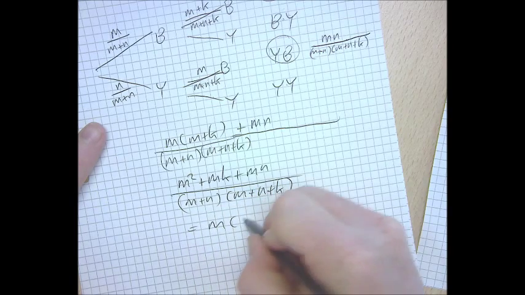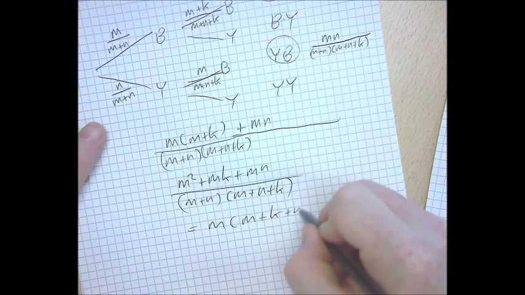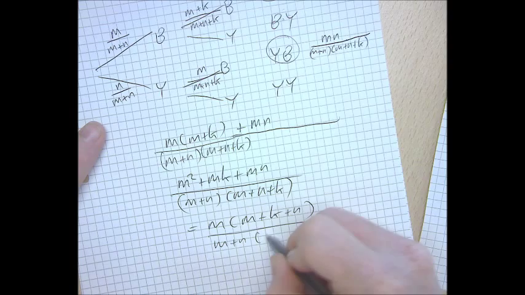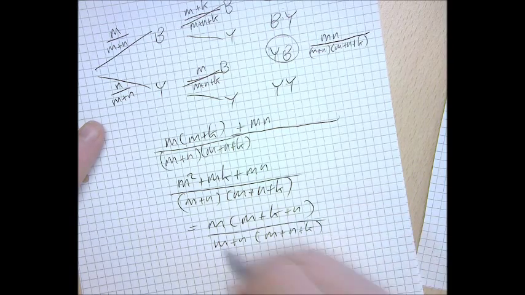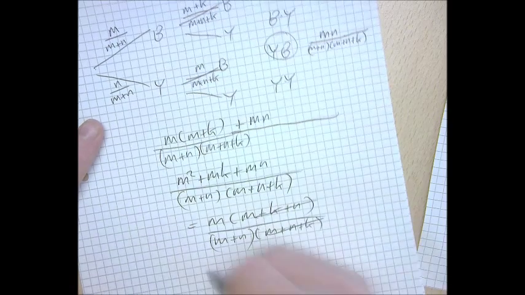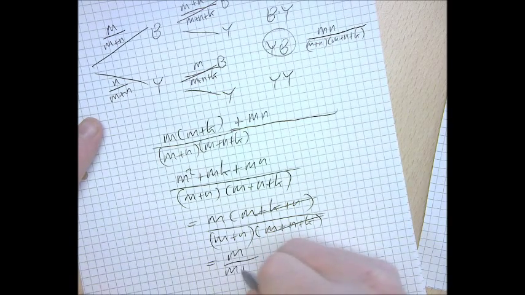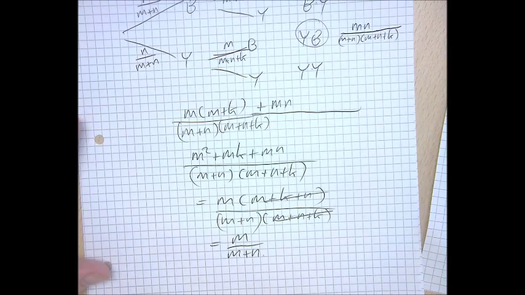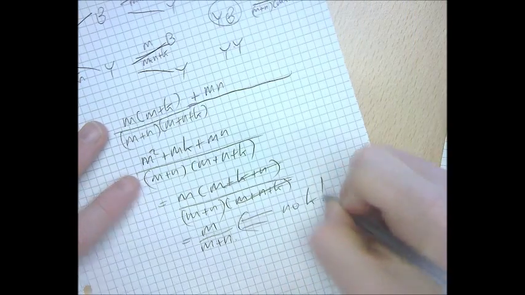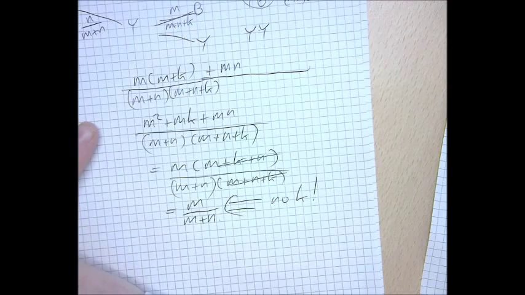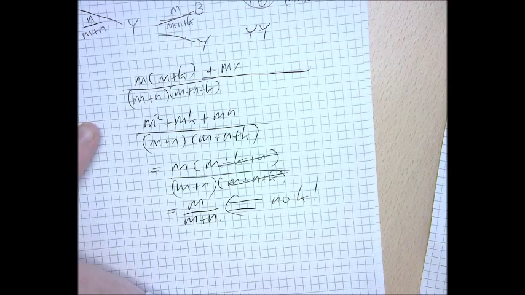Factorize the top. Cancel. So the answer is m over n, m plus n. Now, interestingly, that does not feature the k, so in fact, the addition of the k balls was irrelevant. It doesn't make any difference.